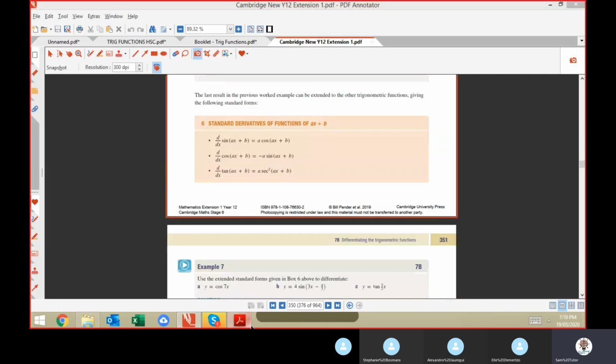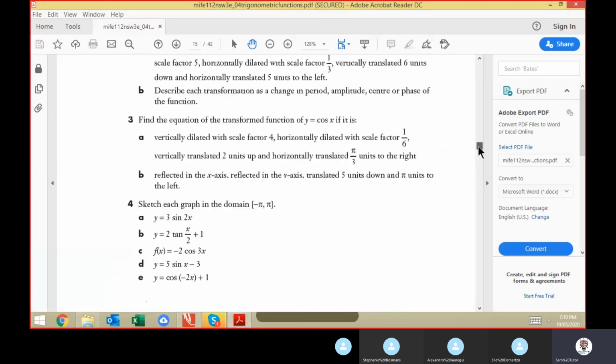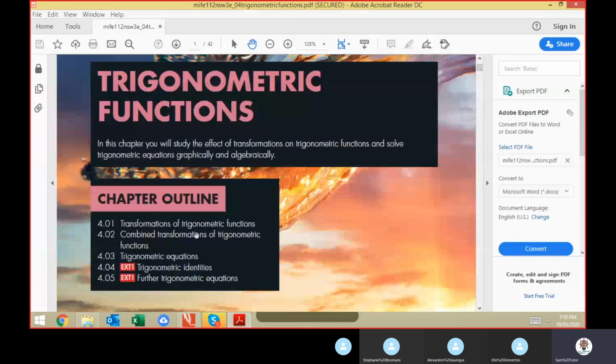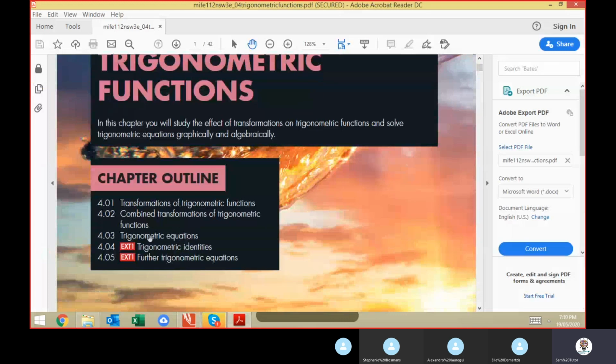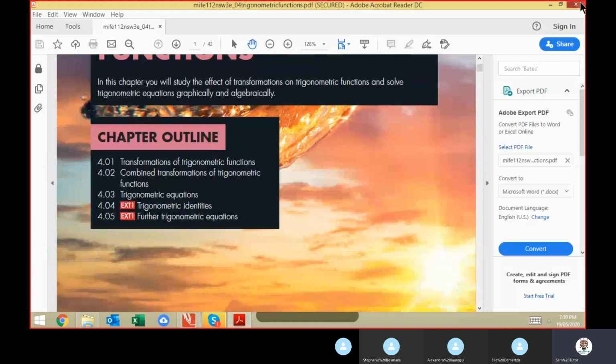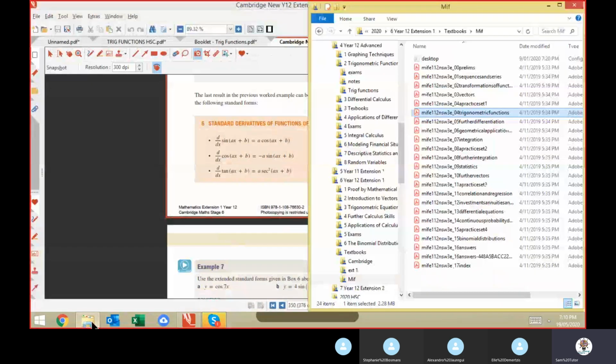And then just the integrations in here. Let me see. Transformation, that's pretty much it, just trig equations. What have they got? There must be another trig. Done. It's really weird. Okay.